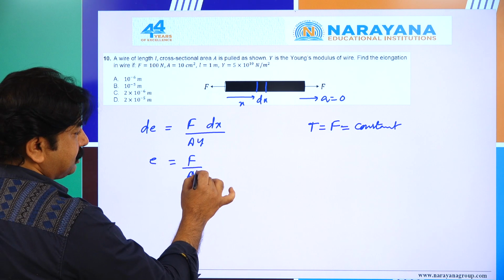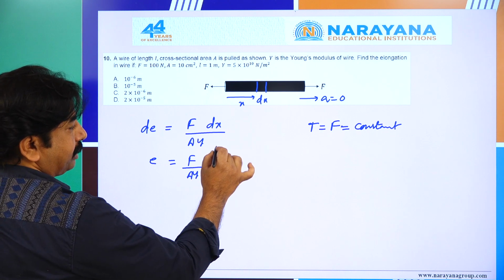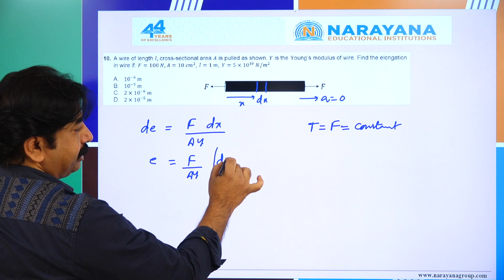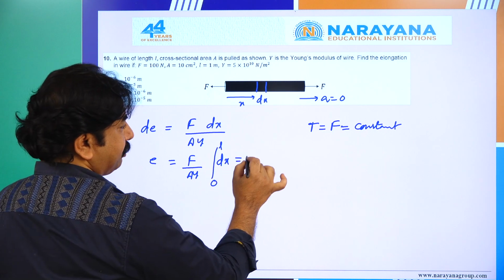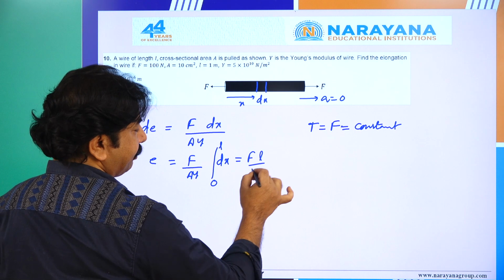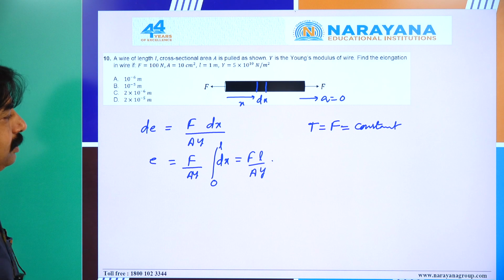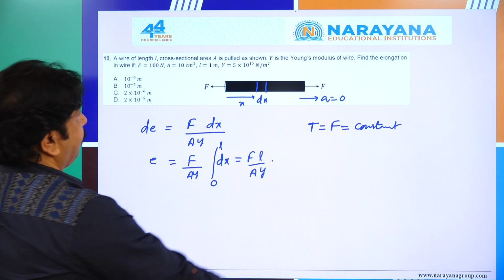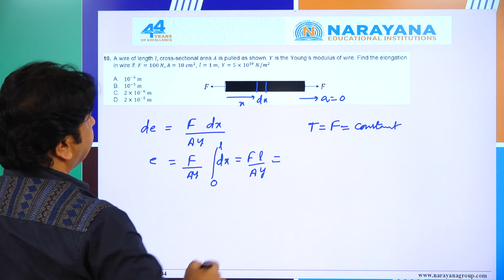As F is constant, A is constant, and Y is constant, we can take only the integration of dx from 0 to L. So that should be equal to F into L by AY. So directly apply the formula with the values one by one.